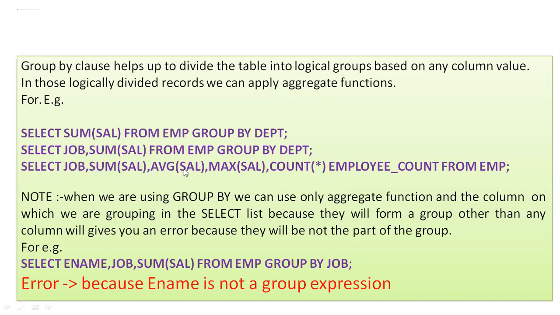Separated by commas, count star will count all the records from the table. Employee underscore count is the alias name given to that count. All these columns are related to this from EMP, and will be displayed with this new name, employee underscore count.